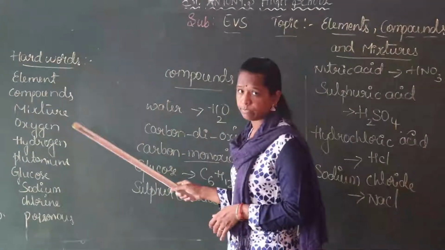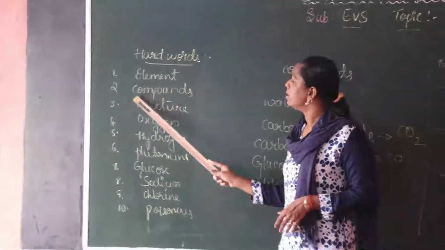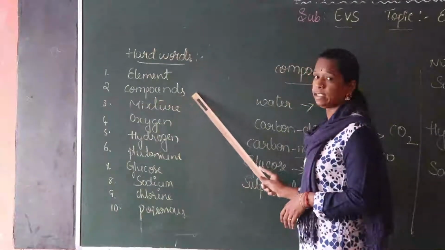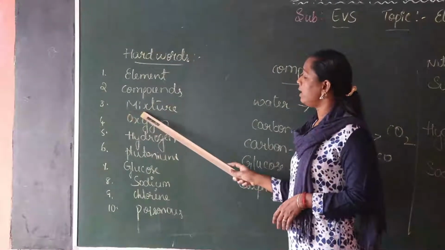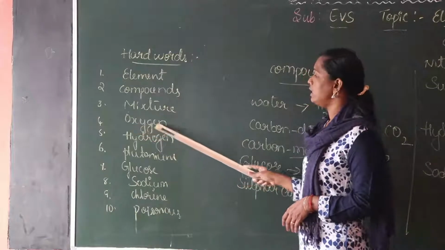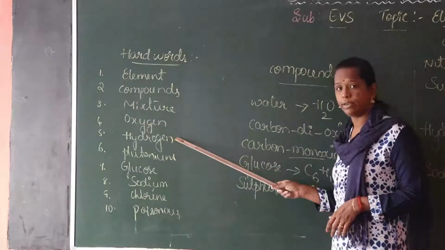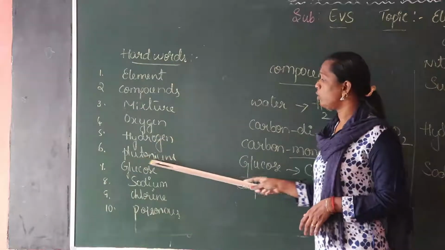Children, here are some words: elements, compounds, mixture, oxygen, hydrogen, plutonium.